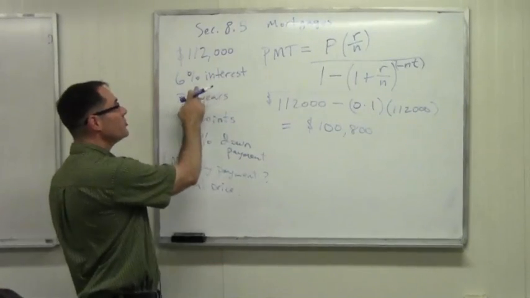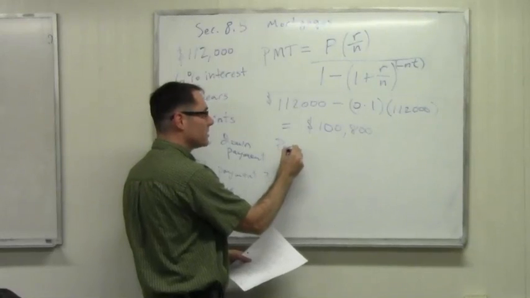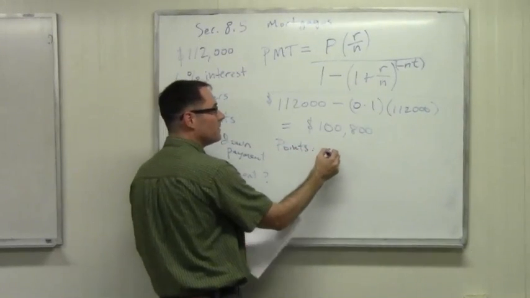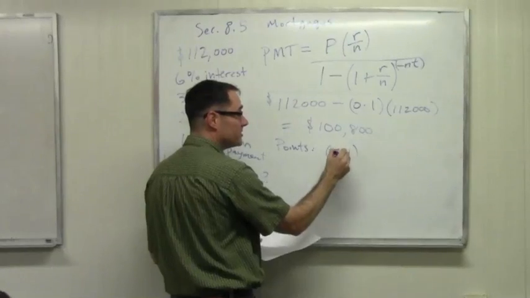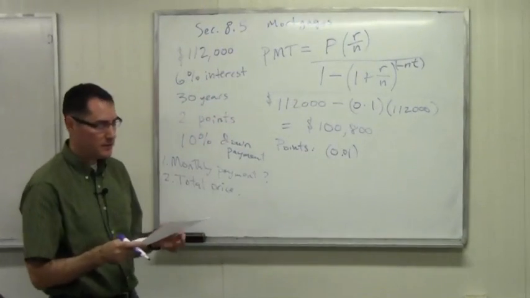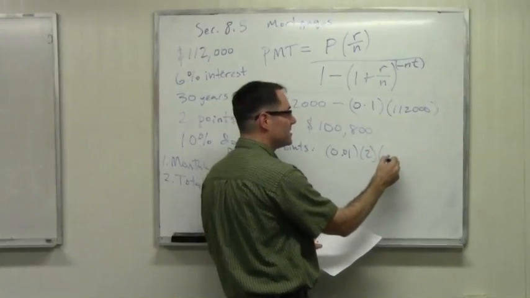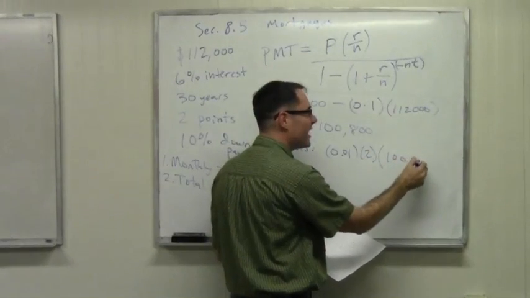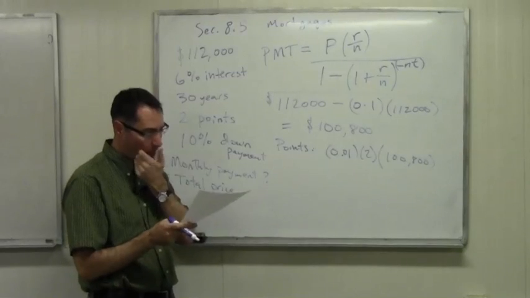So if you're doing 2 points, you need to do 0.01, which is 1%, times 2 points times the amount you have to mortgage. It's not off the top, it's the amount after your down payment.